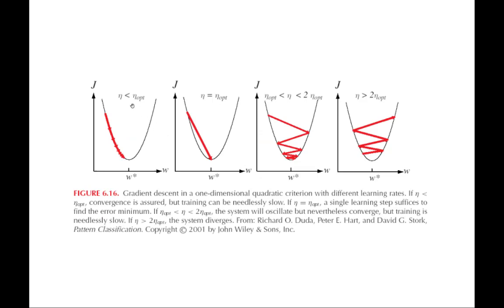But here's the illustration. If your eta, your learning rate, is constant and it's much smaller than the optimum, then it will always go down. Now we're looking at the training error again. This is the cost function, this is some weight space. So it will go down and go down and go down, but it will take a really long time to hit the optimum.